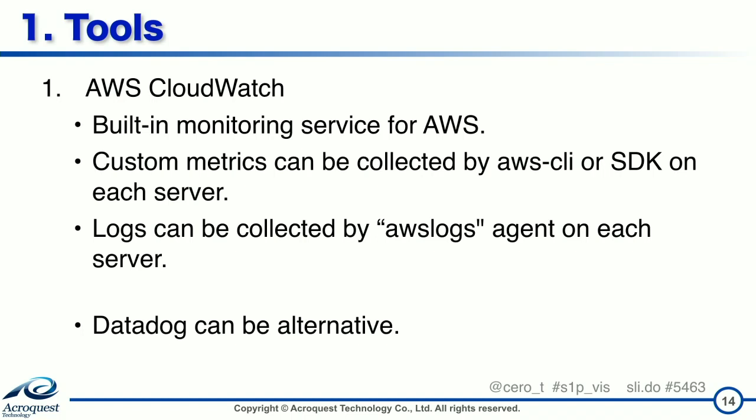Not only the built-in metrics, but also custom metrics can be collected by AWS CLI or AWS SDK running on each server. Logs can also be collected by the AWS Logs agent. That is the agent to collect logs and send them to the CloudWatch server.